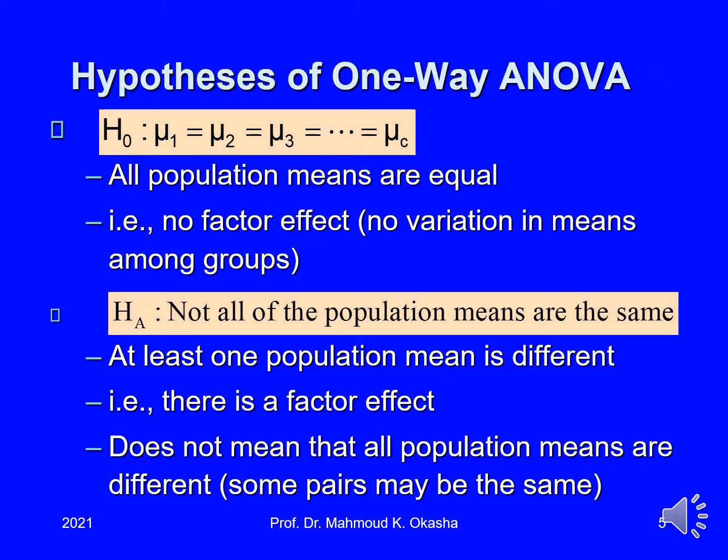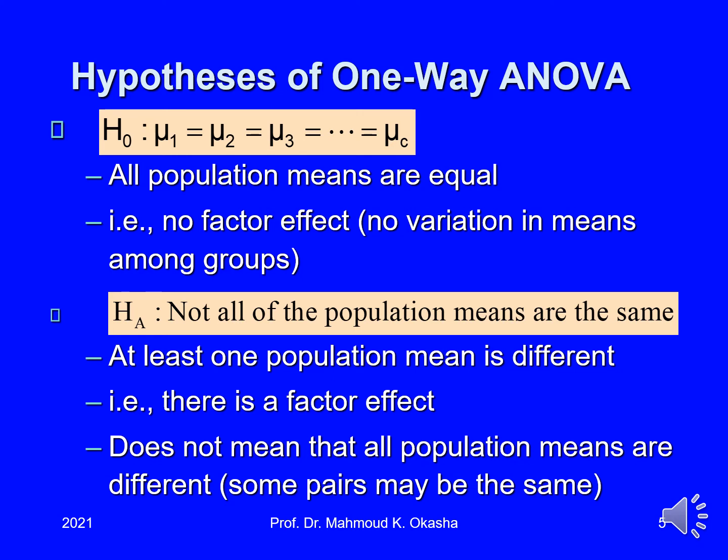Now, statistically speaking, the null hypothesis of one-way analysis of variance is mu1 equals mu2 equals mu3, and so on. If we have three groups or three levels of that factor, then mu1 equals mu2 equals mu3.